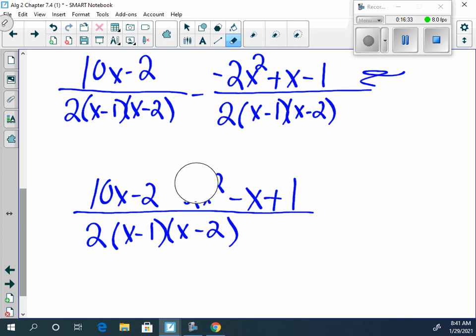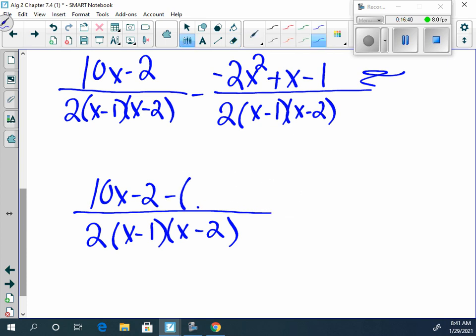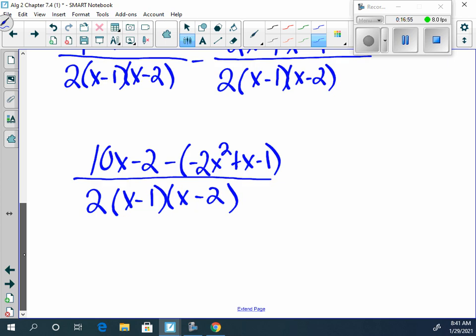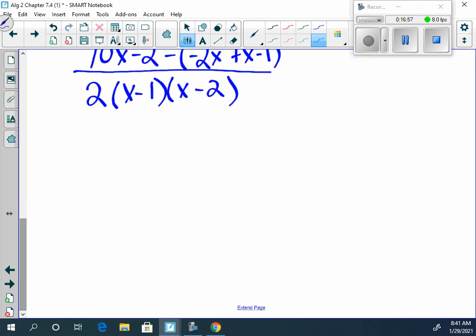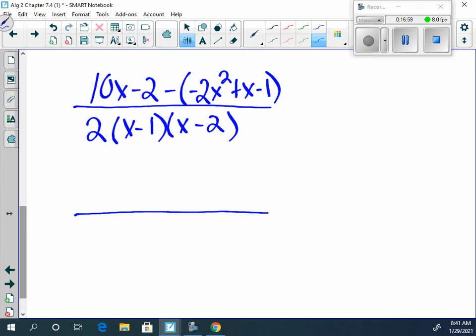Now, if you know that's going to be a little hard to keep straight, don't do it that way. Rewrite it as negative 2x squared plus x minus 1. Rewrite it with those parentheses if you know you're going to have trouble keeping track of all the sign changes. Rewrite it like this here, and then change those signs. Apply this negative to everything inside here.